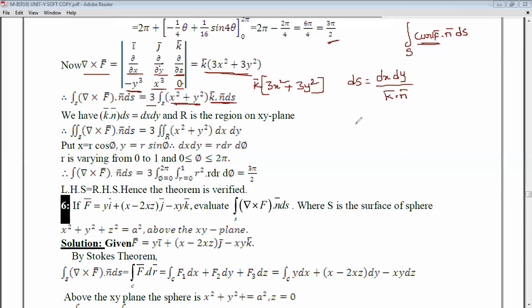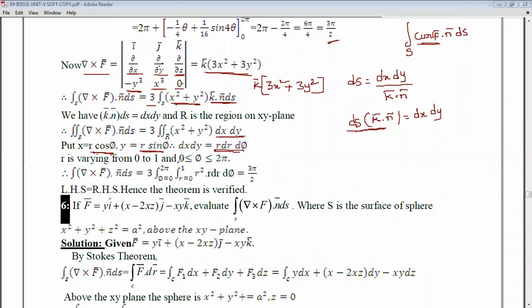If you cross multiply that, ds into k bar dot n bar is equal to dx dy, right? In place of this one, simply we are writing dx dy. And we are going to convert this into parametric equations again. There we used theta, so here they used phi: r cos phi and r sin phi, and dx dy is nothing but r dr d phi.